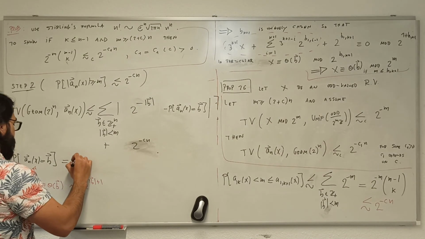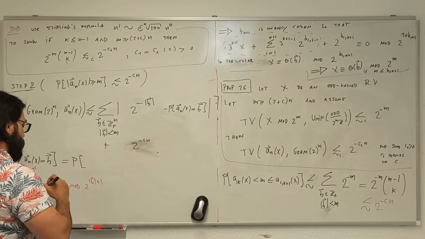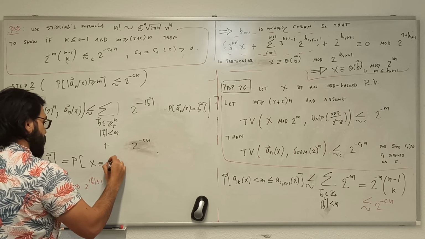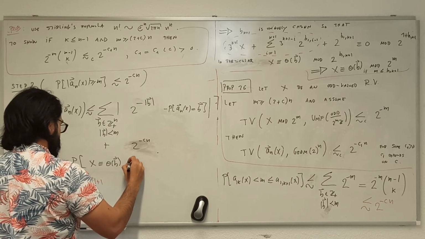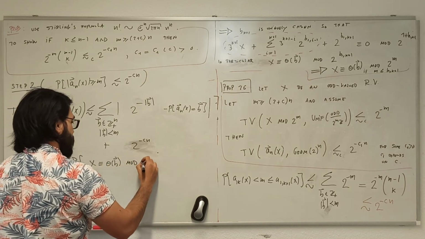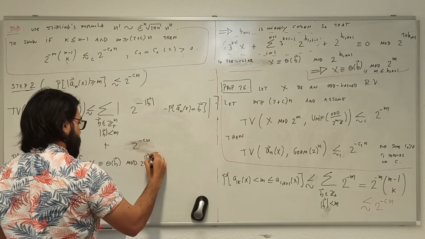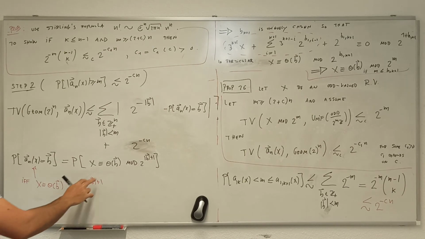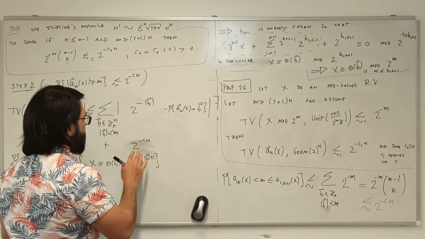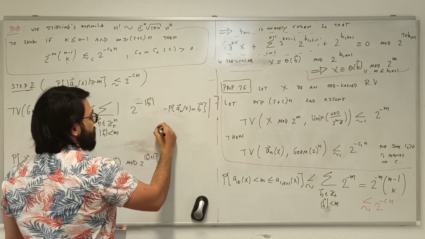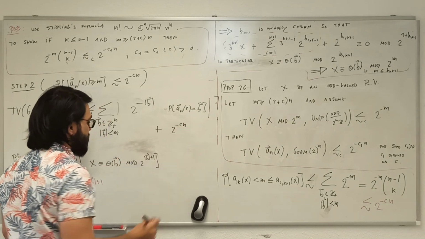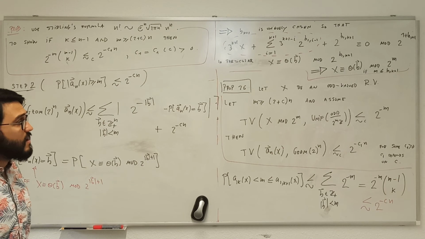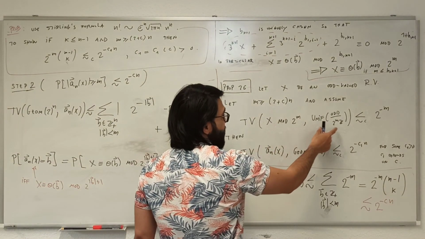In particular, this is exactly the probability that x is congruent to some theta_b mod 2 to the moduli b plus 1. Okay, but we know what this is, because this thing here, let me put this plus 2 to the minus Cn, is estimated by this.